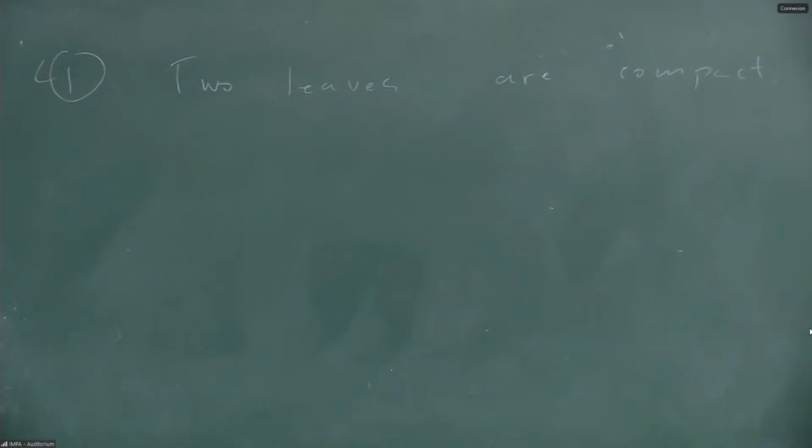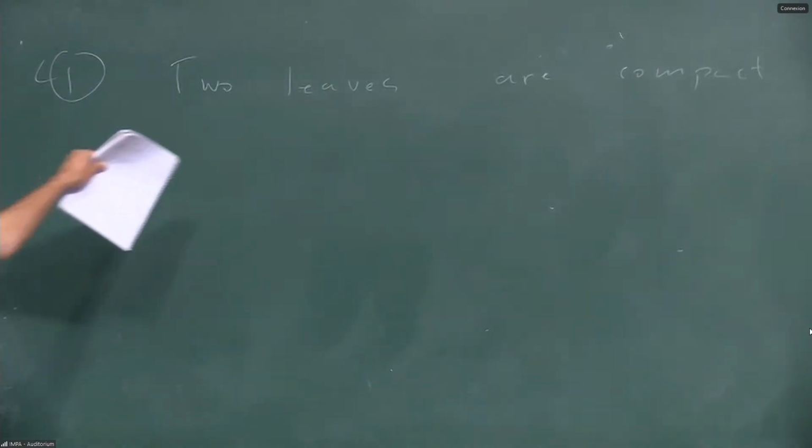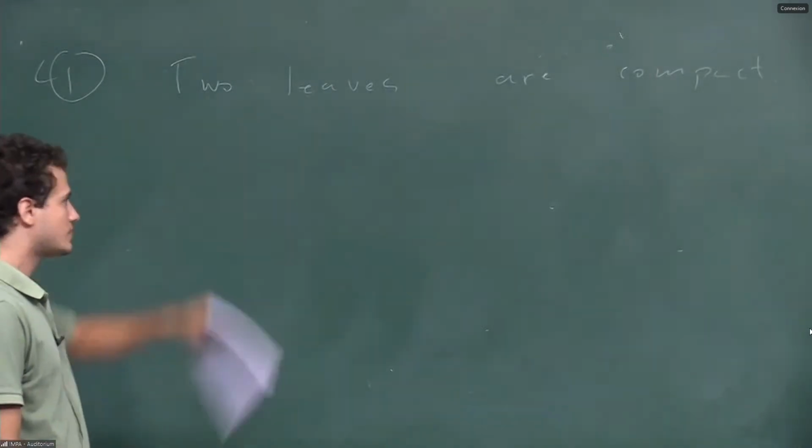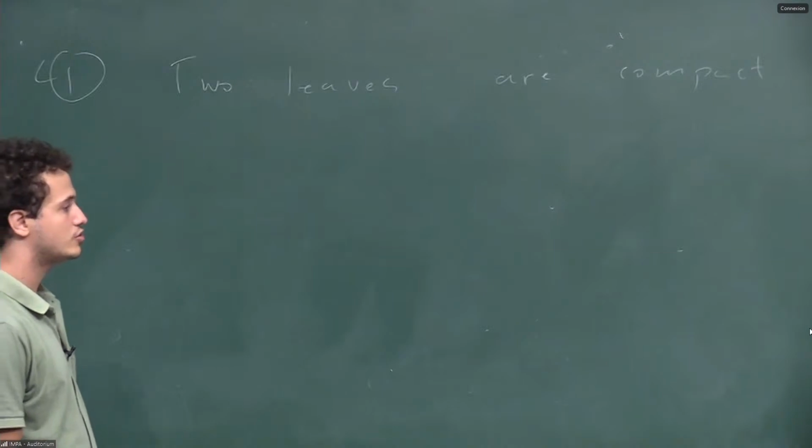But I only say here that by topological considerations, it's possible to show that in this case, these leaves are S2, a sphere.